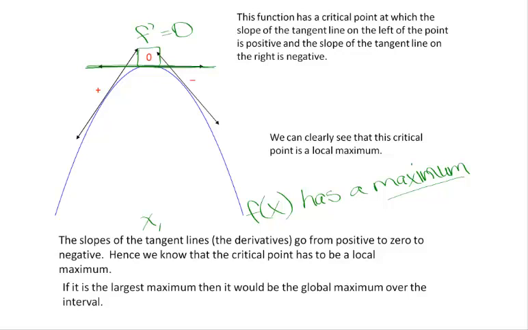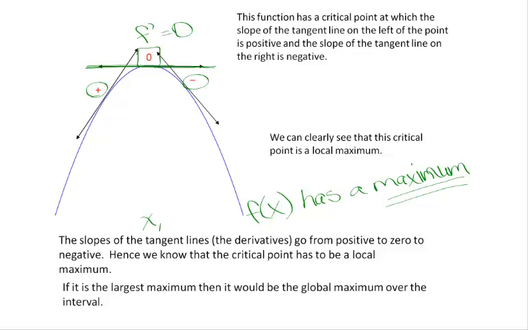But more than that, in order for me to say I have an extreme value, I need to determine what the sign of the first derivative is on either side of that root, on either side of that 0.